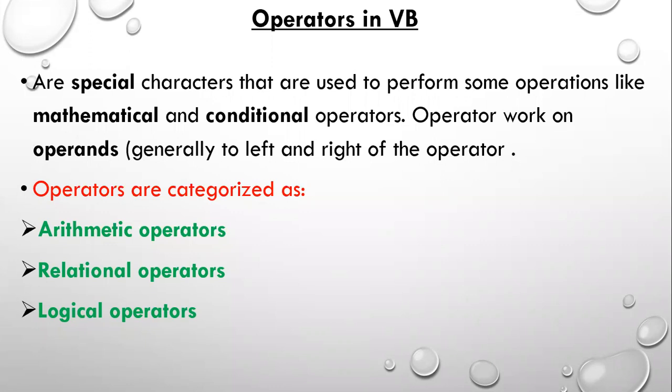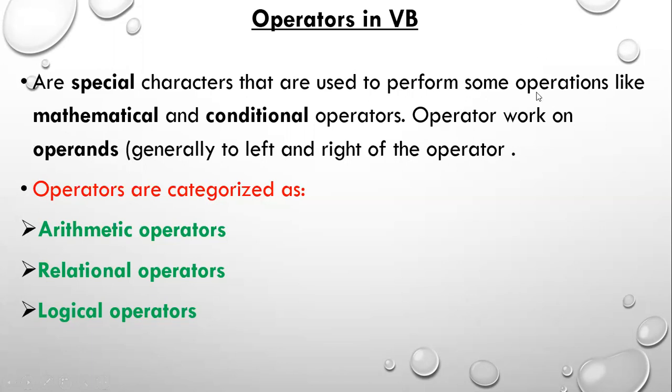Now that I know about dimension, the codes, let us look at what operations I can perform in Visual Basic. They're really simple to understand but very important as well. Operators in VB are special characters that are used to perform operations like mathematical and conditional operations.